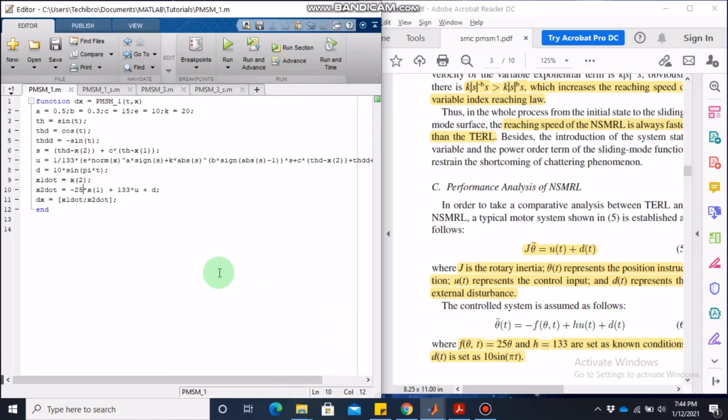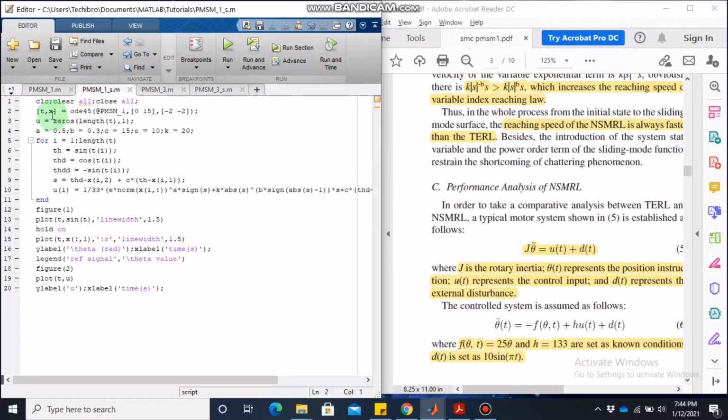So that is all. So this is our state equations, and here is the code which calls the ODE 45 function for these state equations for 15 seconds. The initial conditions -2 and -2, these are given in the paper.